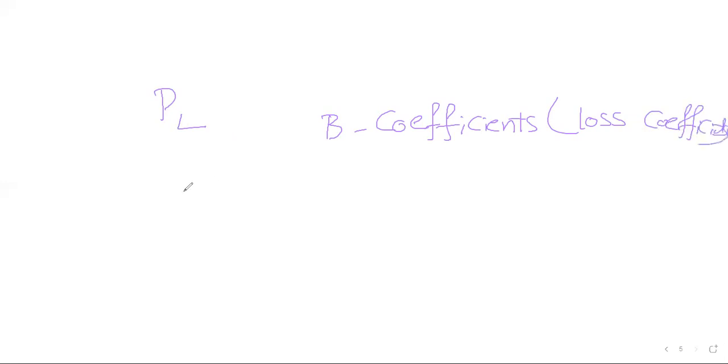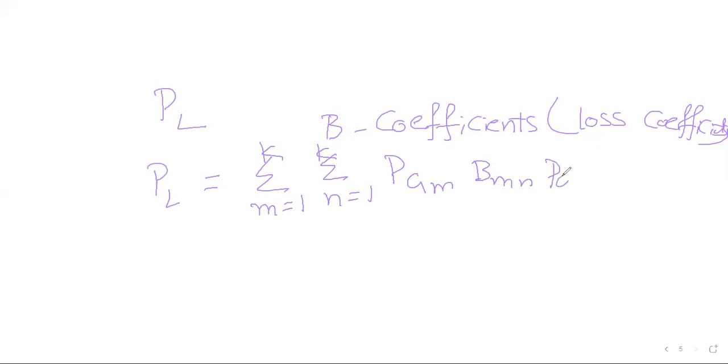When we use these B coefficients, the transmission loss can be represented as PL equals sigma m equal to 1 to k, sigma n equal to 1 to k, PGm into Bmn PGn.